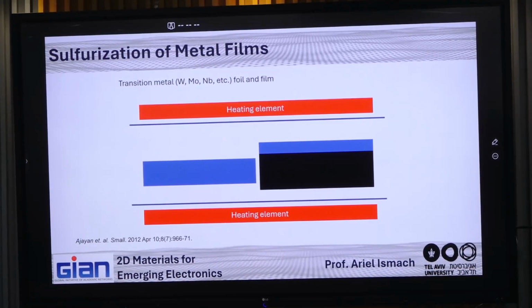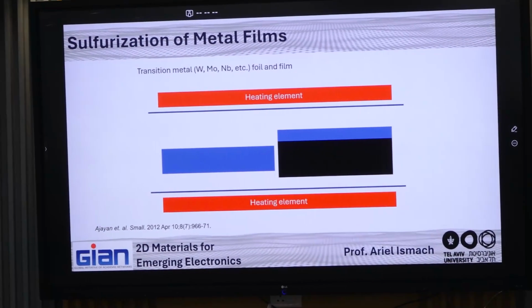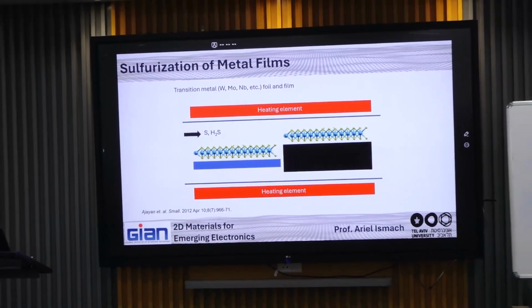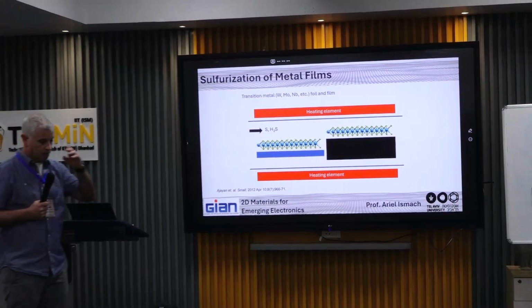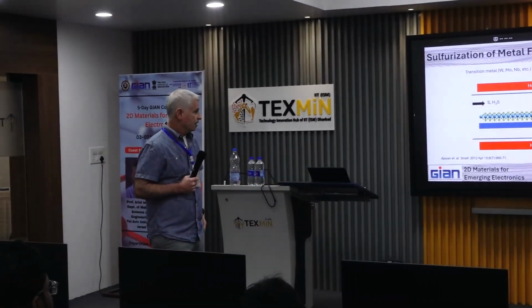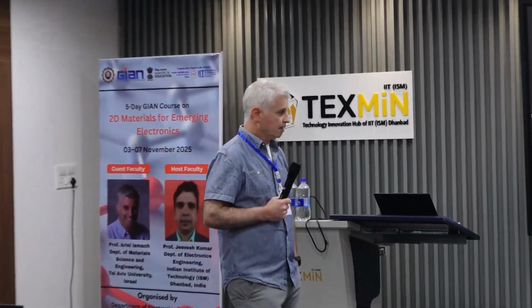So what we have here is a foil of a metal or a thin film of a metal that we can react with, in this case, sulfur, but you can do the same with selenium. And what happens is that the metal reacts with the chalcogen.